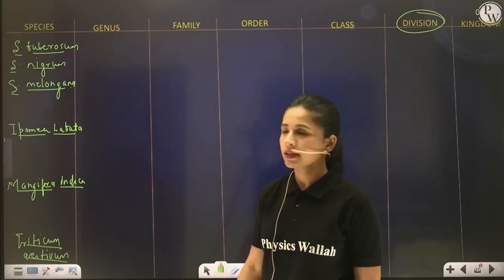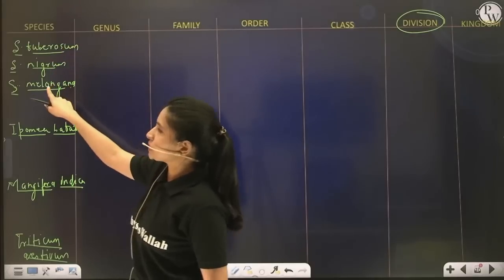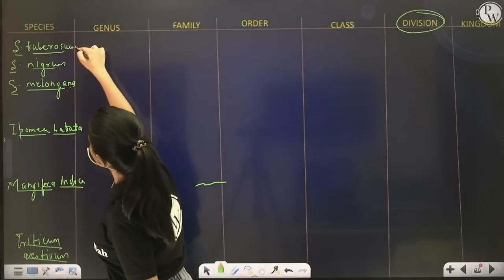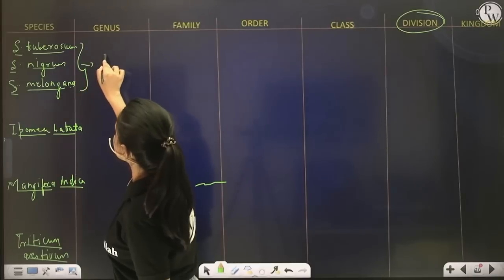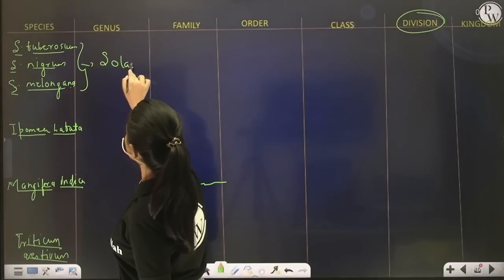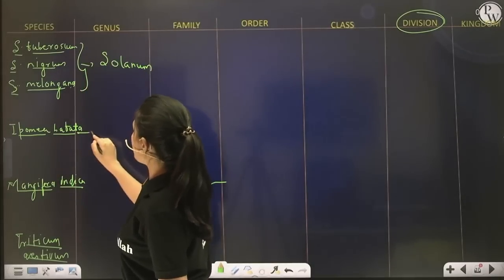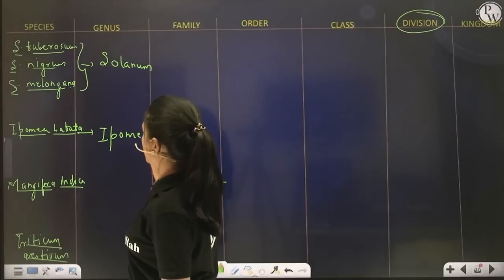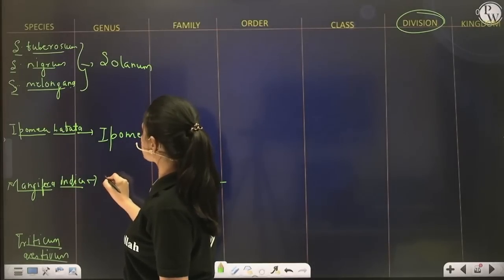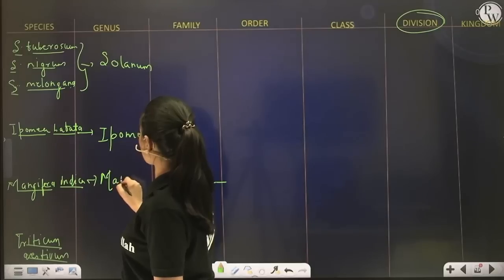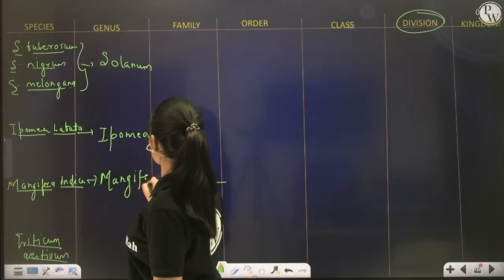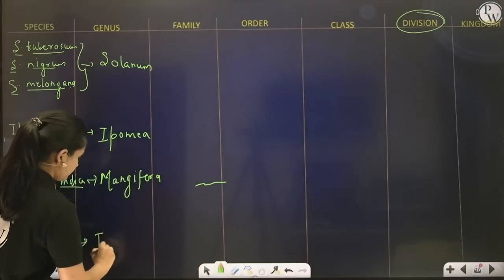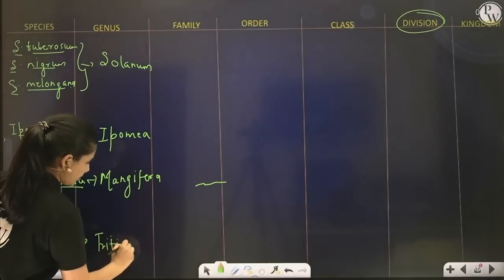So please learn it. Now you see there are 3 different species which I have written. All these 3 different species belong to the same genus, that is Solanum. Yes or no? Ipomoea batatas belongs to genus Ipomoea. Mangifera indica belongs to genus Mangifera. And Triticum aestivum belongs to genus Triticum.